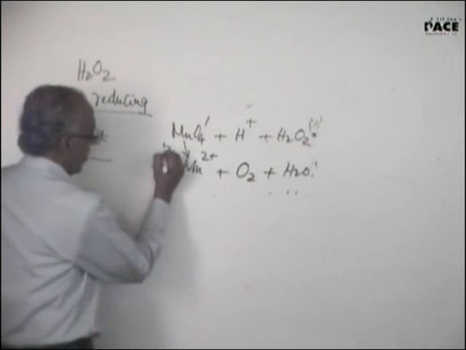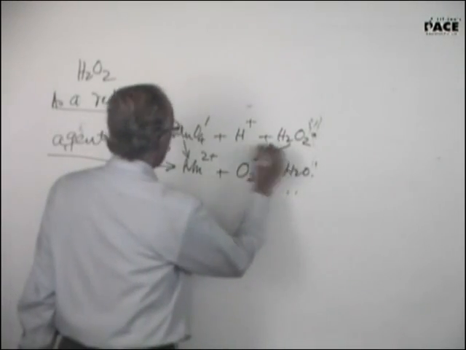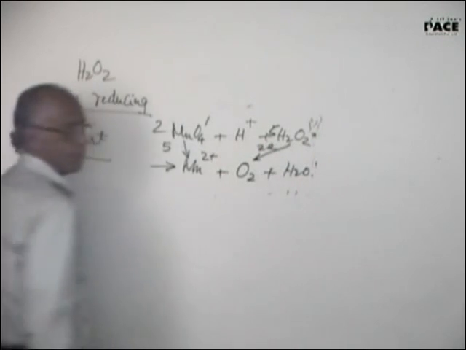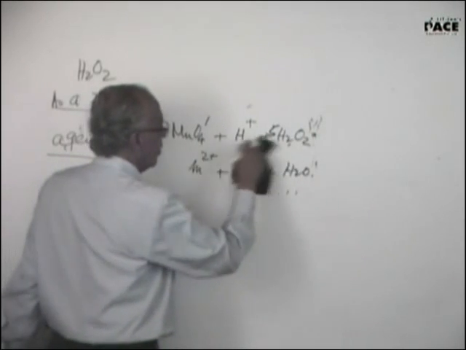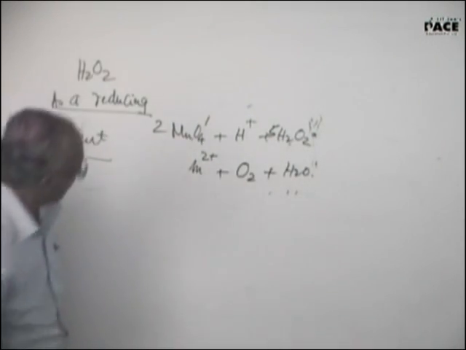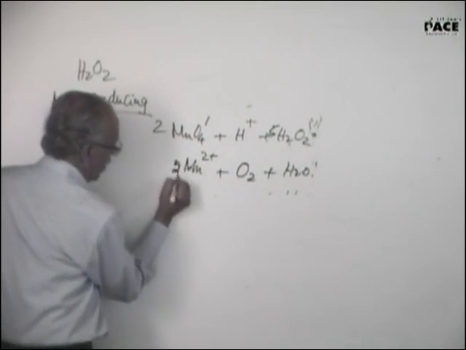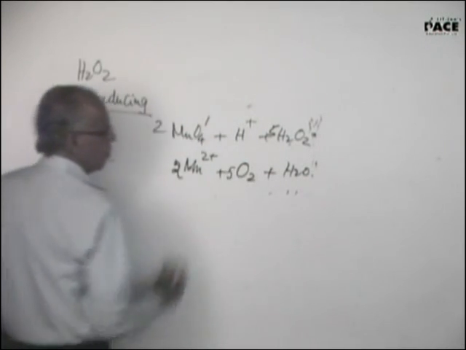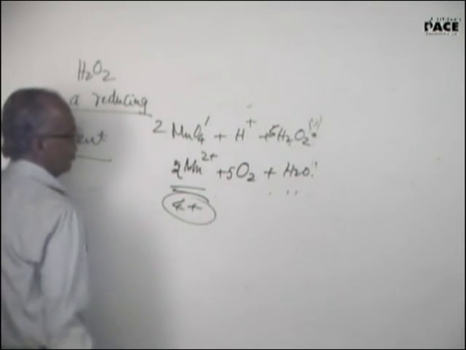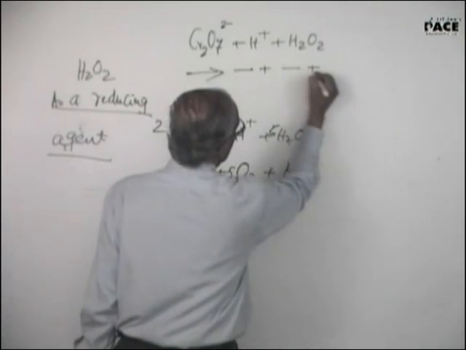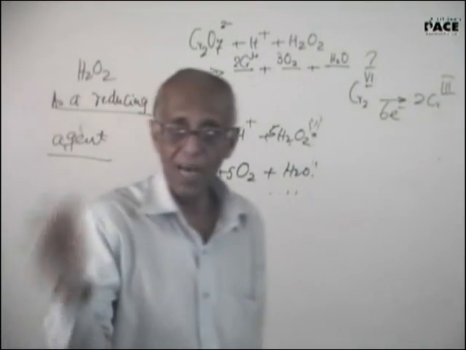This to this, how many electron change? 5 electrons. This to this, 2 electron change. Cross. 2H+, 4H+. Chromium in plus 6, going to plus 3.